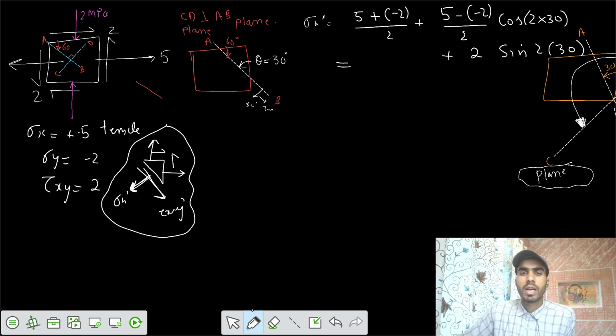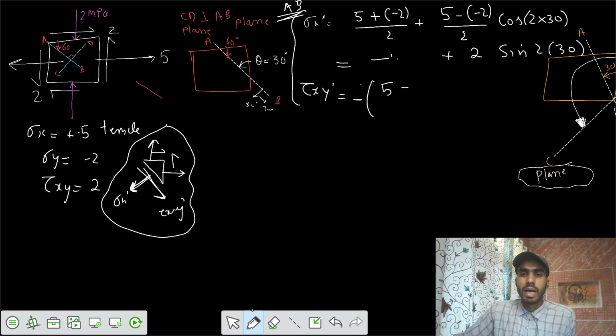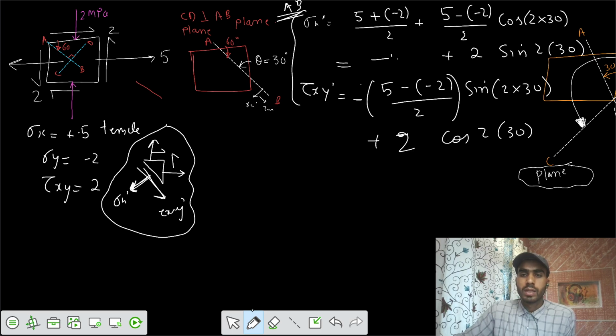Similarly, you can get the value of tau xy dash on plane AB, which is minus sigma x minus sigma y by 2 sin 2 theta plus tau xy cos 2 theta, with theta 30 degrees. So you got the stresses on the plane AB.